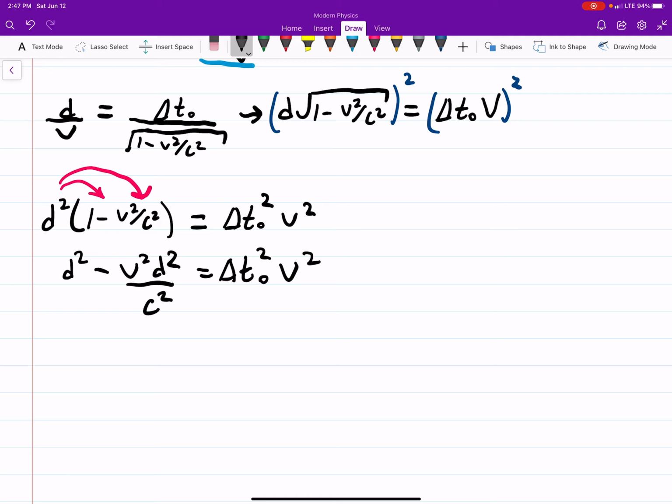And now I want to get my velocity, since that's what I'm ultimately solving for, on one side. So I'll add over the v squared d squared over c squared. So if I add that over, I now have this.